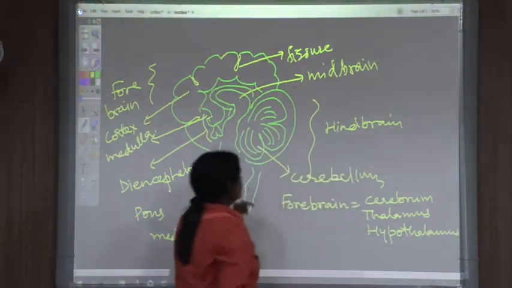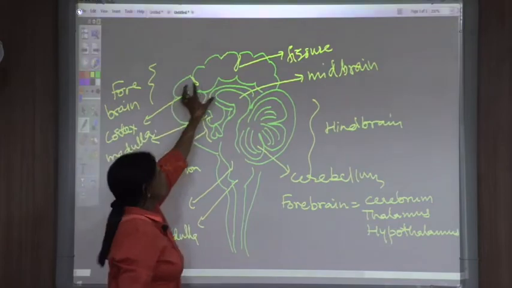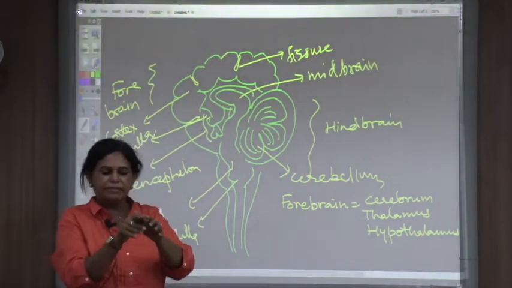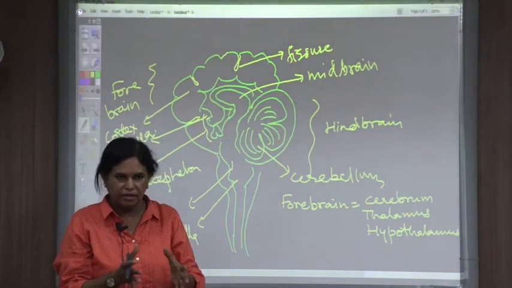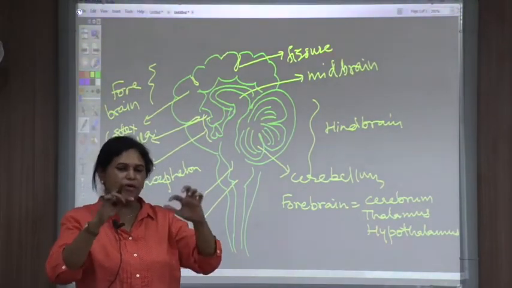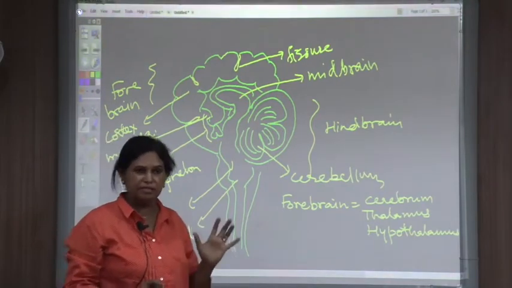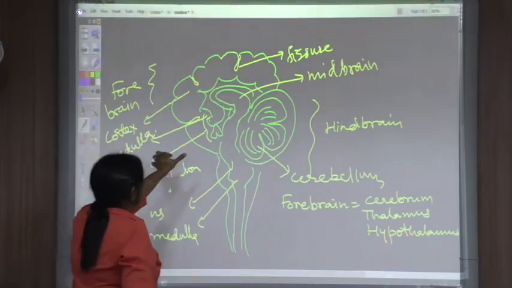Now the forebrain is further divided into the cortex, and this is the cerebrum. Cerebrum is the outermost part of the brain, that is the grey matter. It has some non-medullated cells, which have no medullary covering on them, so they appear to be grey.